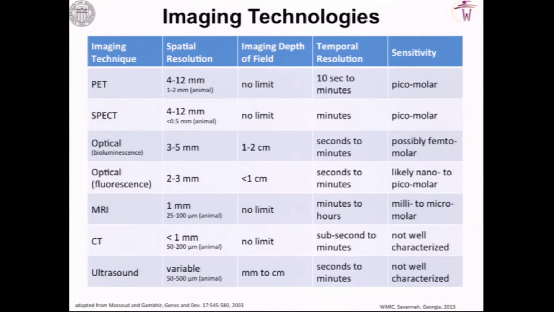One of the things you can see here is that, in general, the spatial resolution of PET and SPECT is not as good as some of the anatomical imaging like MR or CT, and that's why they make a good combination. There are also starting to be some combinations of PET with optical imaging, where the spatial resolutions are on the same order, but they can still provide complementary information.